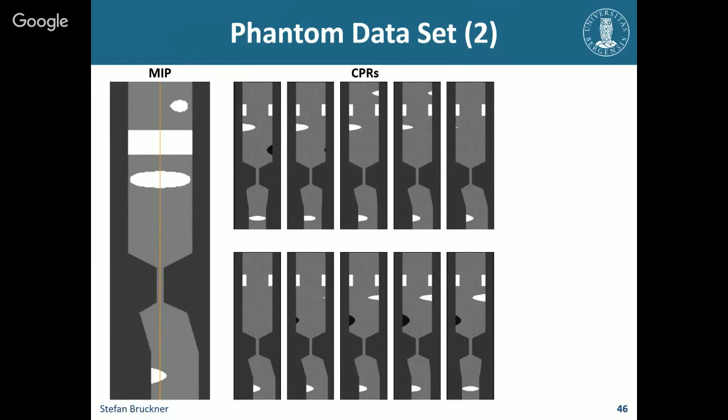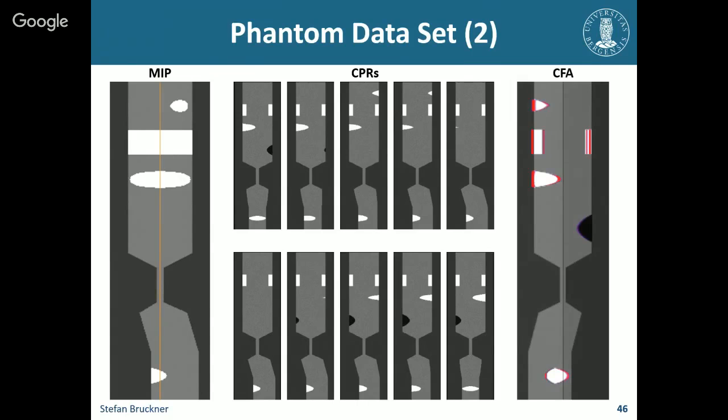In the CPR, we get a more detailed picture, but we also see that, depending on the angle, we sometimes don't see all of the pathologies. Well, here is the CFA image, which is also just one image, but it clearly lets us assess whether there is a viable vessel lumen, and shows us all of the pathologies.